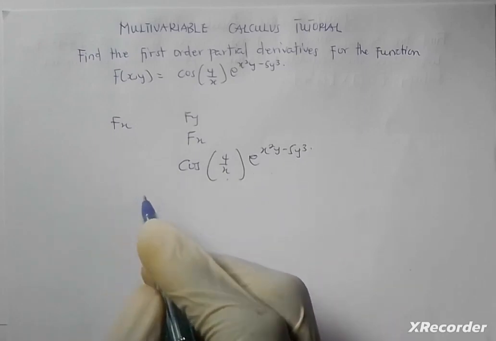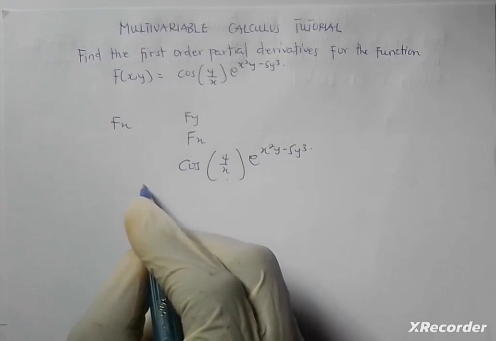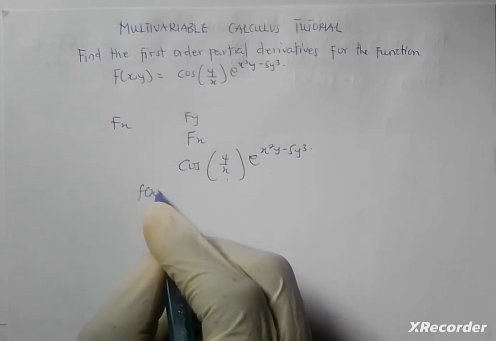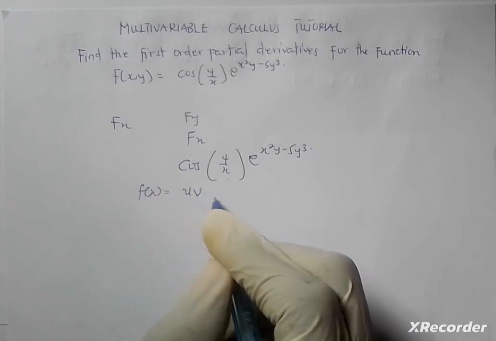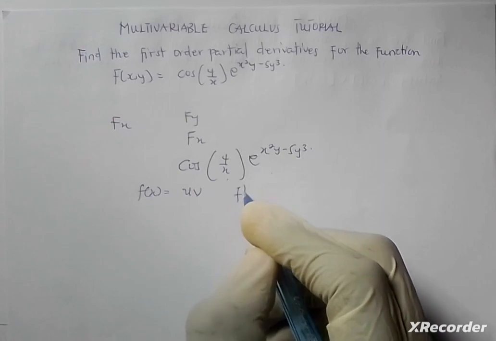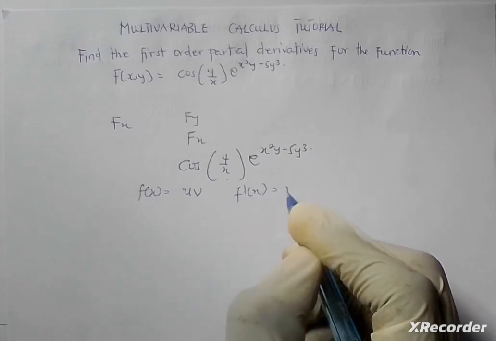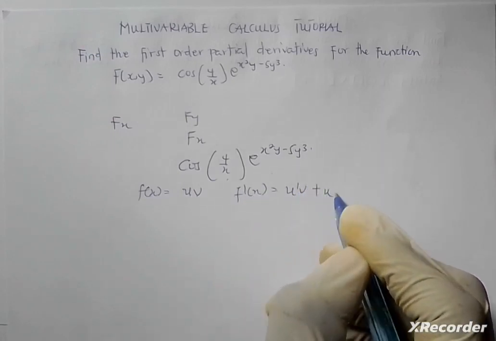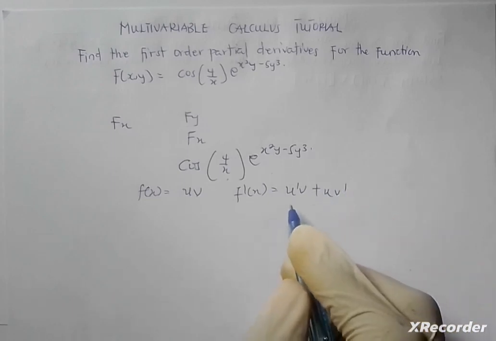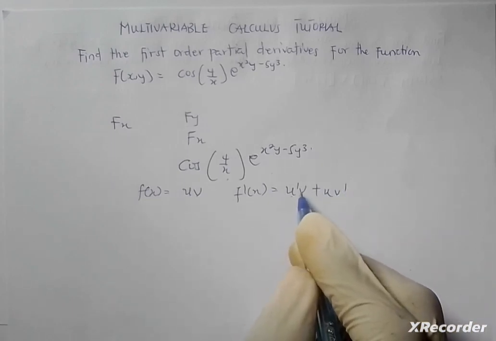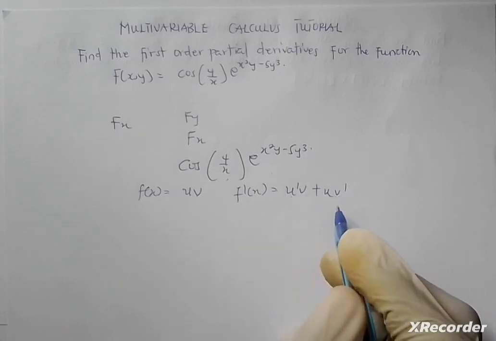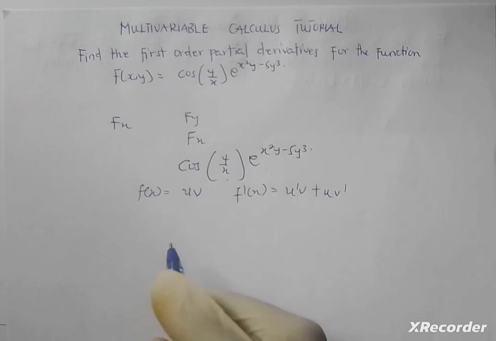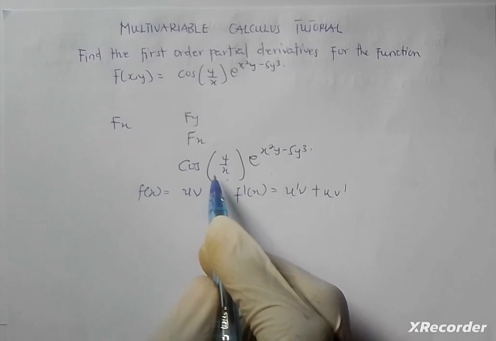So product rule says that if you have f of x equal to u v, where u is one function, v is another function, your f prime of x will simply be equal to u prime v plus u v prime. That is, you will differentiate the first one, then you leave the second one, then after you leave the first one, you differentiate the second one. That is the rule. So in this case, we are going to differentiate this one and maintain this.